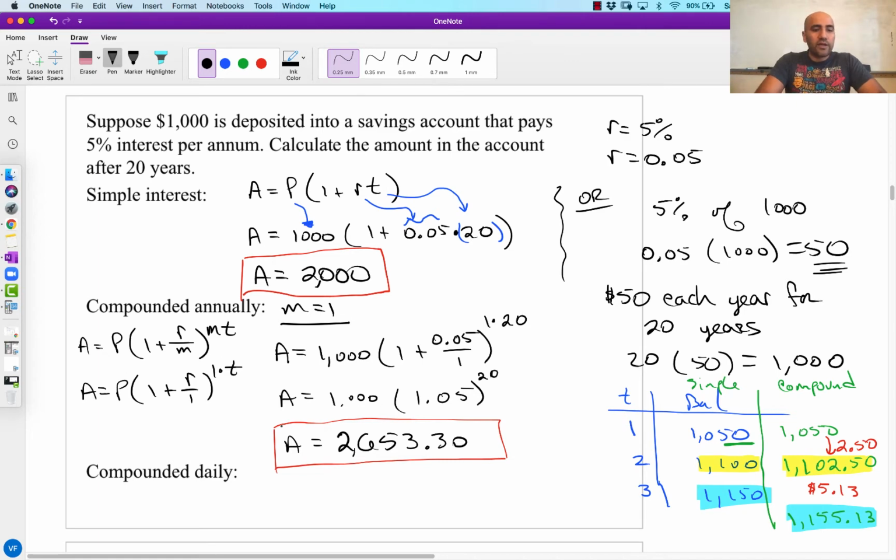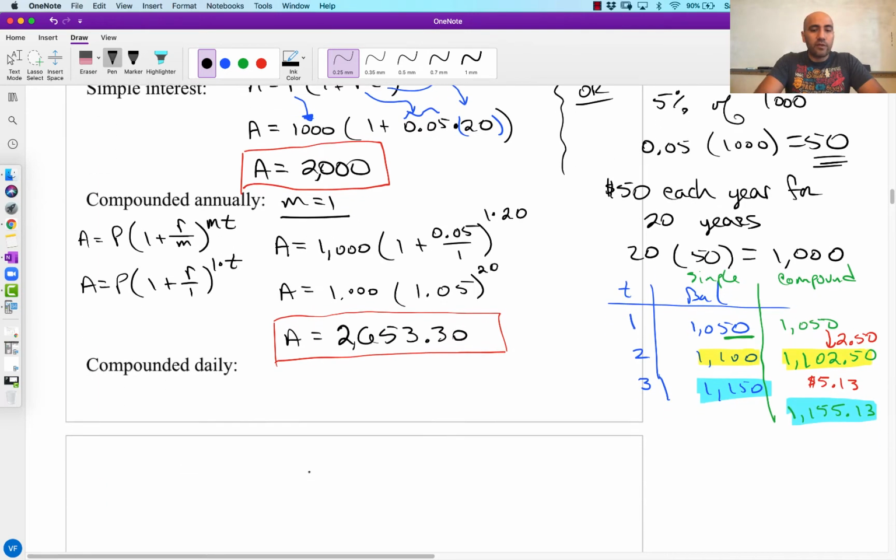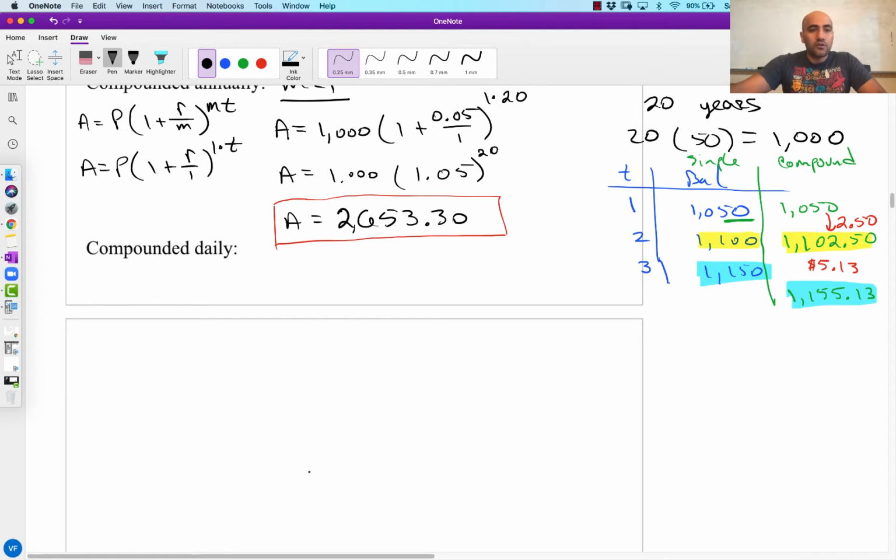So let's just jump right into our formula and see how our formula gives us our answer. So we have that the compound formula is A equals P times (1 plus R over M) to the power of MT. And for us, M is daily. Daily means 365 days, right? There's 365 days in 1 year, so that's what we're going to do here.